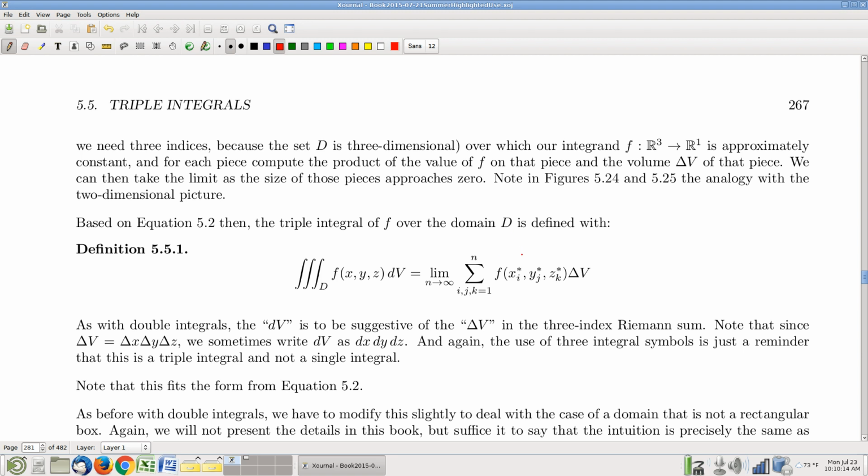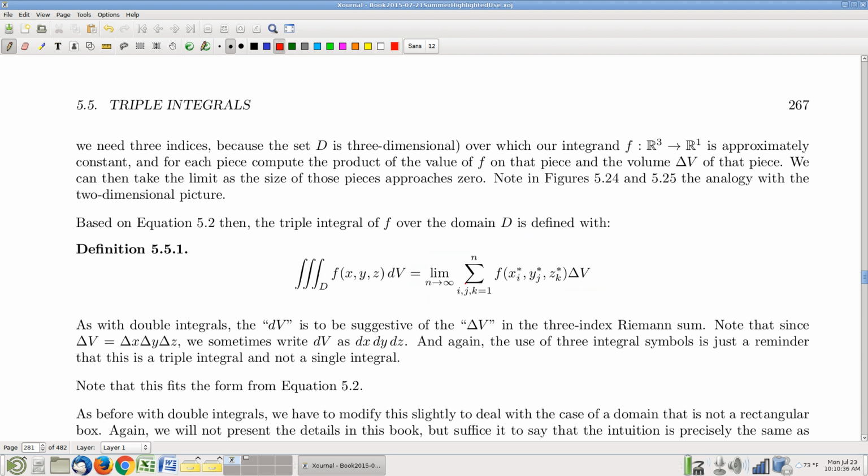So for each little piece, what we're adding up is density times volume. So some function representing density in this case, times volume that we've already argued is delta x, delta y, delta z. All right. So this expression will compute our mass for us.